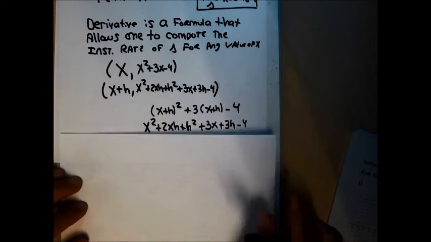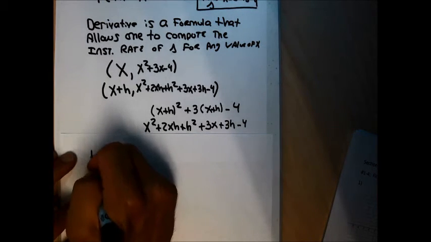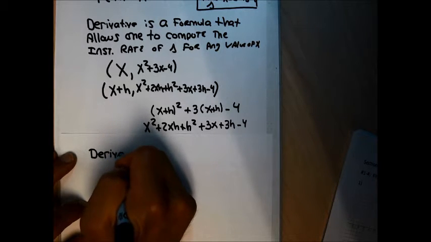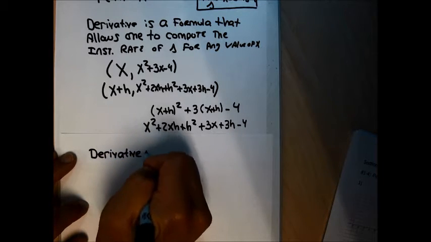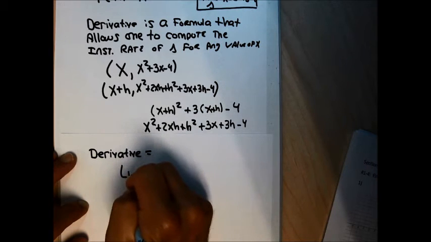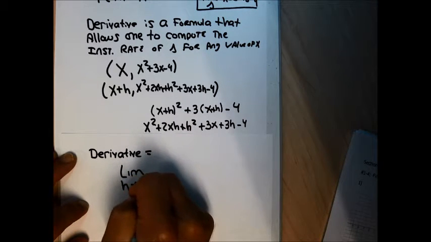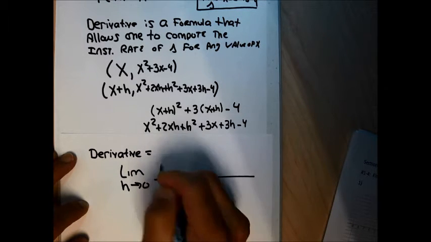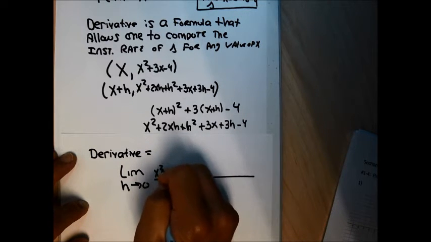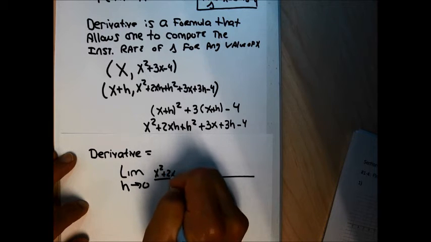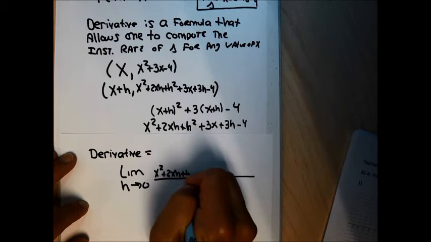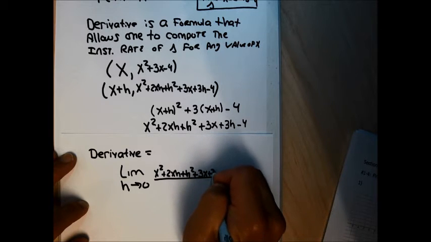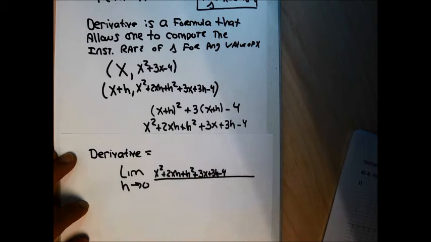So the instantaneous rate of change, which is called the derivative now, the derivative equals the limit as h goes to 0 of y2, which is x squared plus 2xh plus h squared plus 3x plus 3h minus 4.